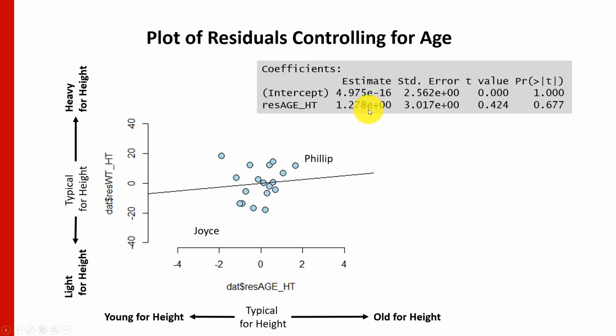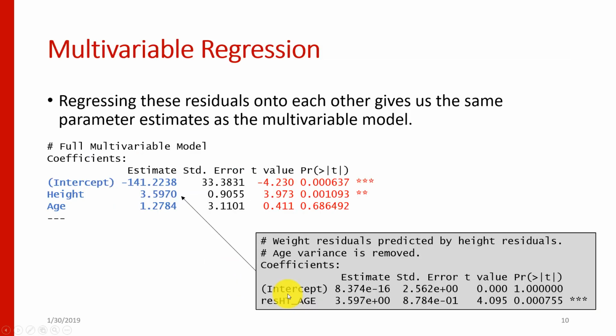So again, when we're controlling for the other variable, what we are literally doing is removing that shared variance and then refitting regression equations, where we are fitting that line through the dependent variable with the variance that we're controlling for removed, and the predictor variable with the variance that we are controlling for removed. So regressing these residuals onto each other gives us the same parameter estimates as the multivariable model, right?